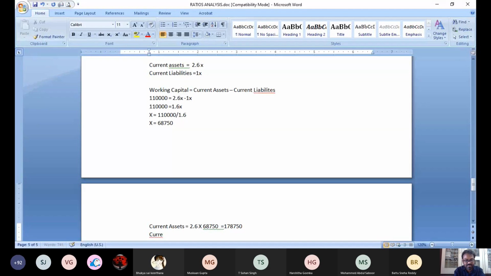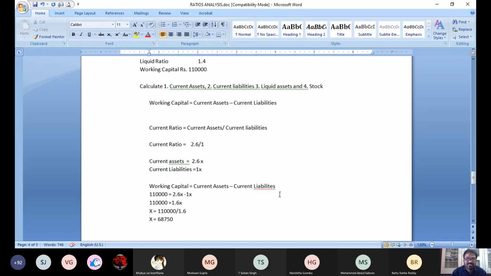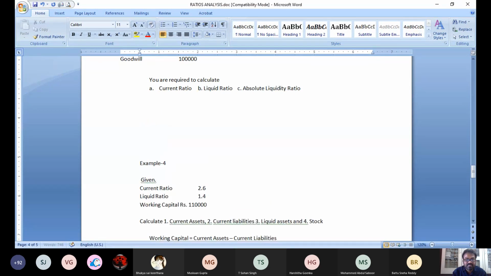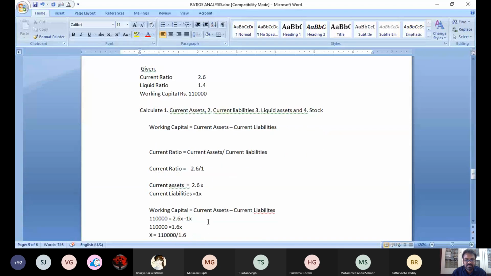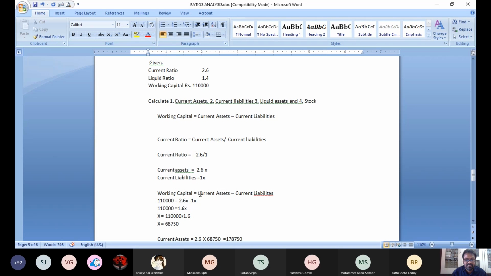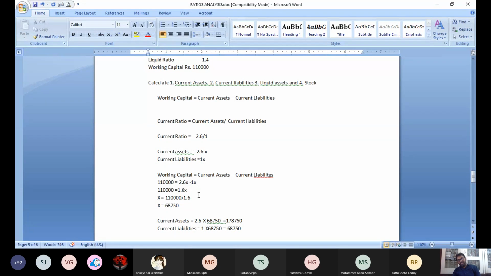Now, current liabilities is 68,750. So there is a small logic, that's all, for getting the current assets or current liabilities.